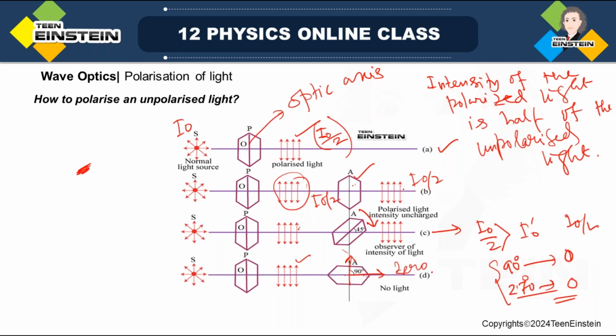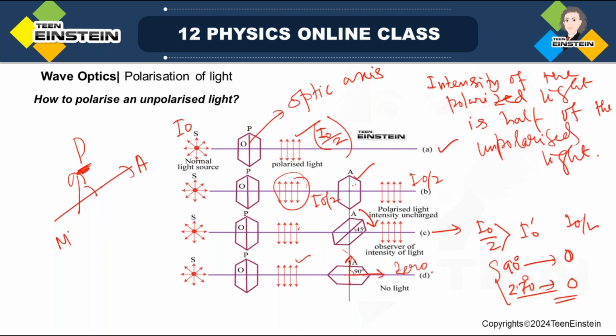Okay, I think I'll stop here for today. Tomorrow I'll tell you mathematically how we can find out the intensity after passing through the analyzer. If you suppose you have your polarizer in this direction and the analyzer along this direction, what will the intensity be after passing through the analyzer?